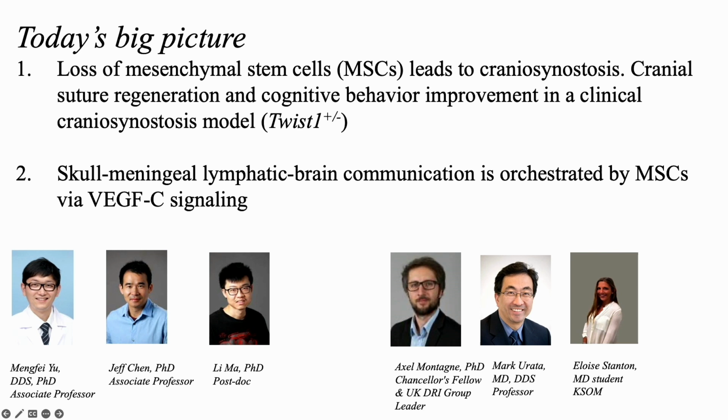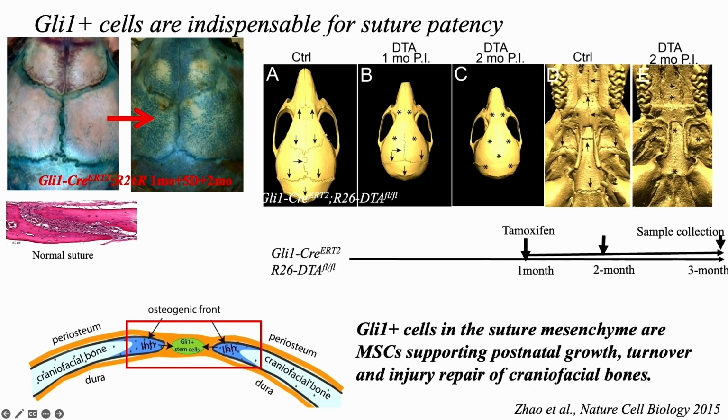That can correct the skull deformity and also improve the neurocognitive function in the animal model. The second part is how the skull, meningeal lymphatic, and brain communication is orchestrated by MSC-mediated VEGFC signaling. This has been a collaboration with neuroscientists and also craniofacial surgeons at USC.